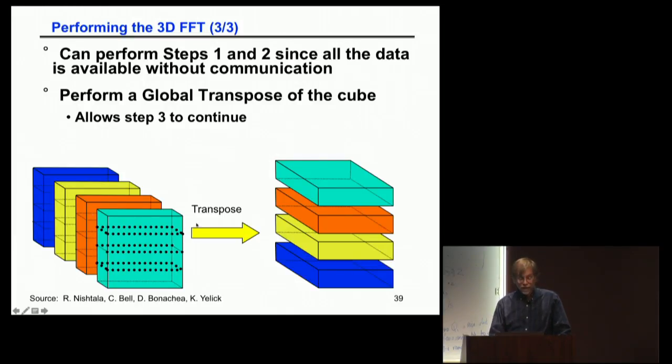So this top quarter part stays where it is. It doesn't have to move at all. This second quarter of the slab has to be sent to the orange processor. This third quarter has to go to the yellow processor, and the bottom quarter has to go to the blue processor. So that's the communication that I need to perform somehow. And the question is, how do I overlap communication with computation?